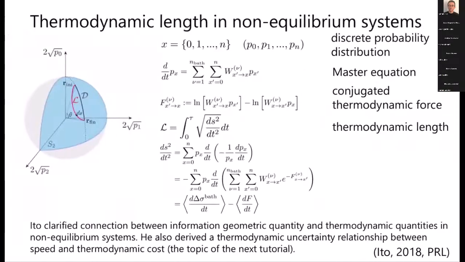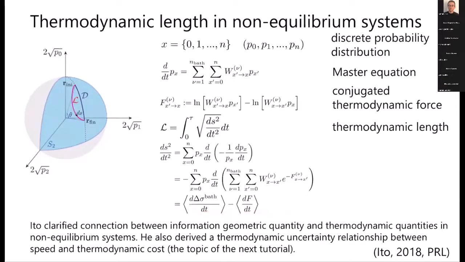But Sosuke Ito actually extended this result to non-equilibrium systems, and he considers general situations. He starts from a discrete probability distribution, and from the master equation he derives the expression of the thermodynamic length like this.